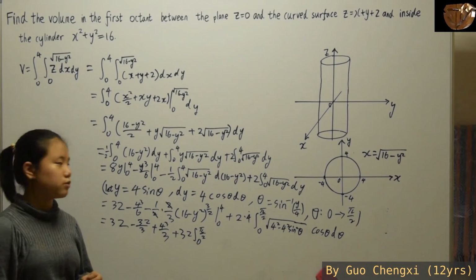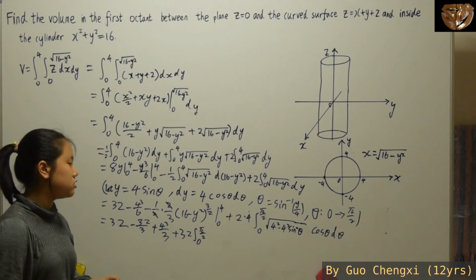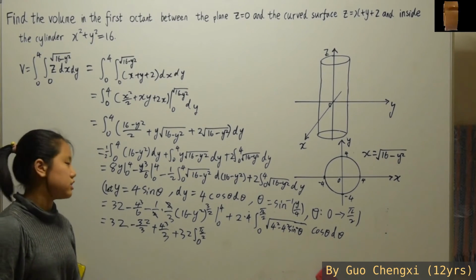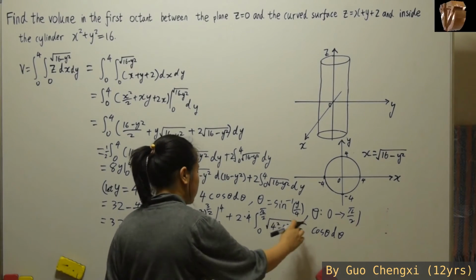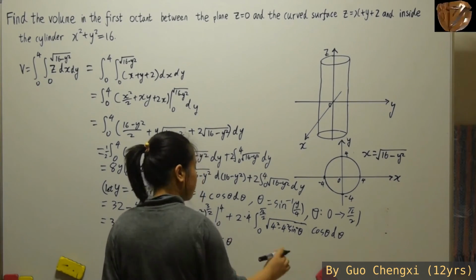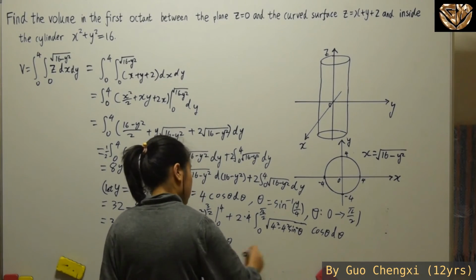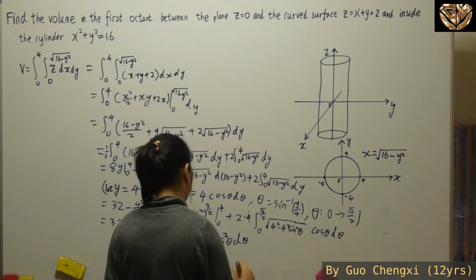And since sine squared theta plus cosine squared theta is equal to 1, 1 minus sine squared theta will be equal to cosine squared theta, and since we have the square root, it's going to be cosine. And thus over here we have a cosine squared theta d theta.